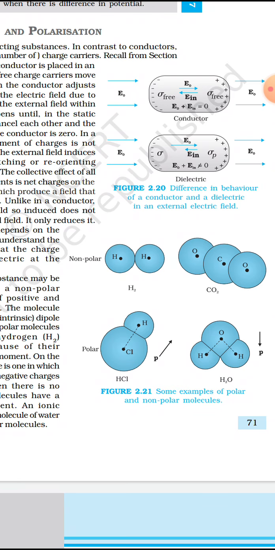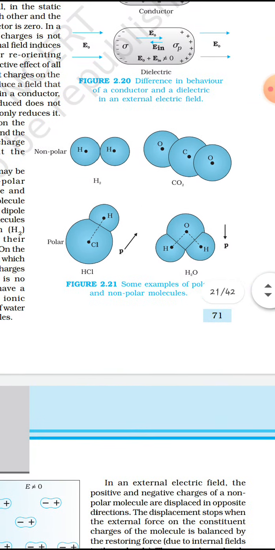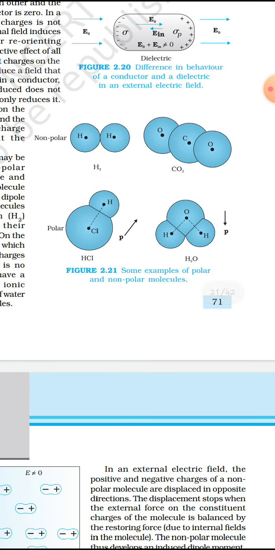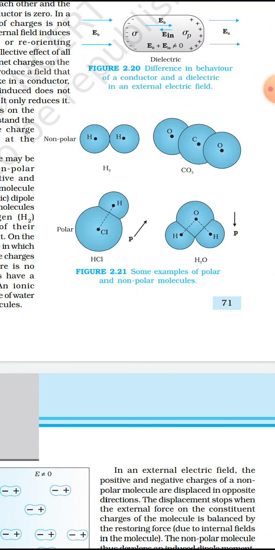So the second thing: polar and non-polar. See here, in H2 the two atoms are not joined. Polar means they should be joined. Here a symbol is getting joined, but here you can't join like this. So in non-polar you can't join those symbols. In polar, like HCl, you can join them straight, downward, horizontal or vertical.